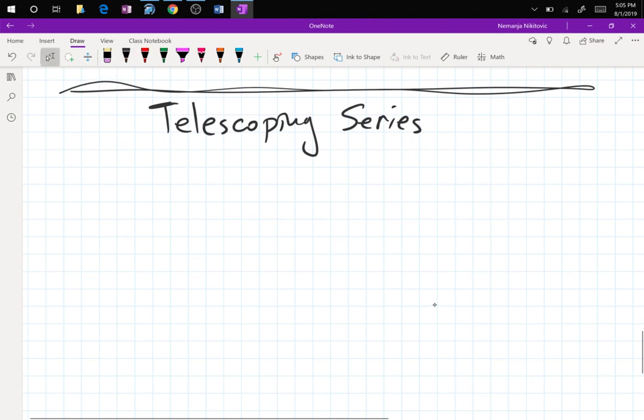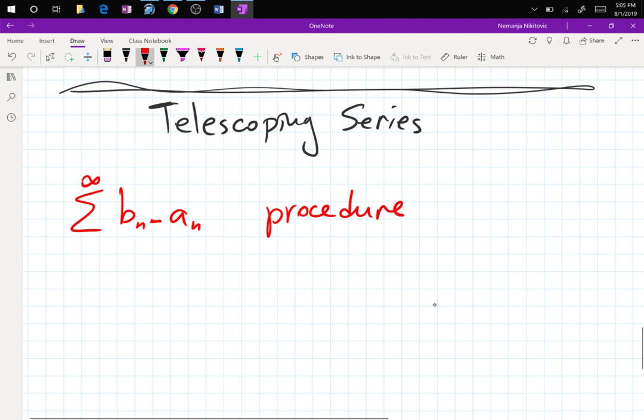So these guys have a form of bn minus an, so there is this subtraction in there. So it's not a theorem like the previous one where you look at the r and you're done. This one will have a lengthy procedure that obviously is best learned by looking at the example.